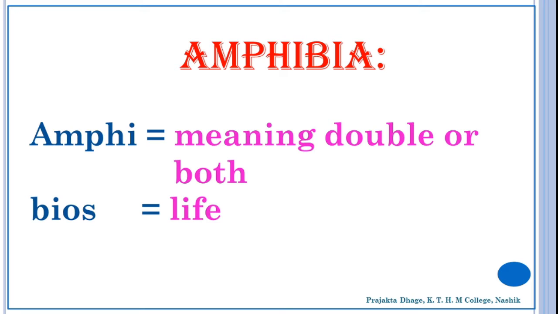So Amphibia means having or living in both land as well as water, or adapted to live in both the terrestrial environment as well as in water. So these amphibians have evolved from fishes.